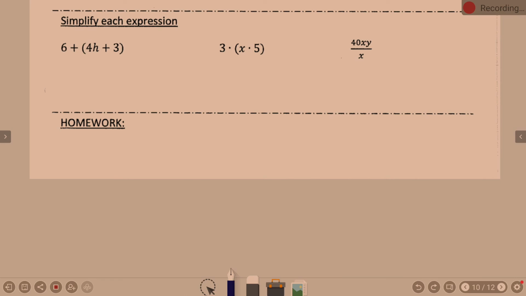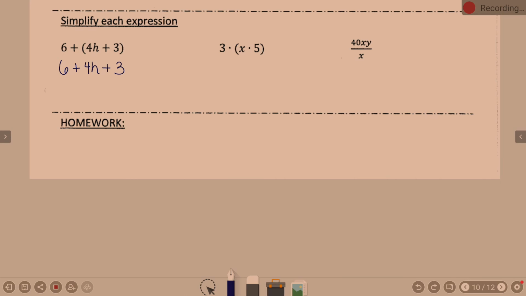In order to add and subtract in algebra, they have to be like terms. Are 4h and 3 like terms? Nope. So I can't add those. So I'm going to rewrite this, but I'm just going to drop off the parentheses. So if I say that this is 6 plus 4h plus 3. We tried to add the parentheses, but that wasn't an option.